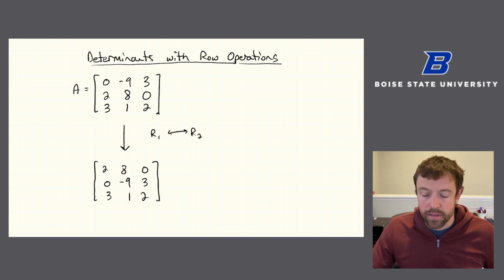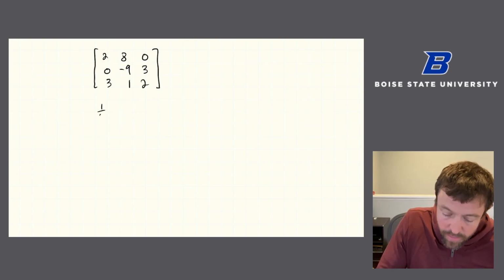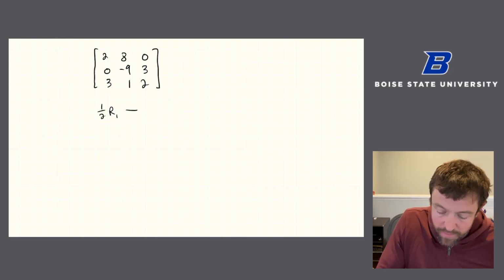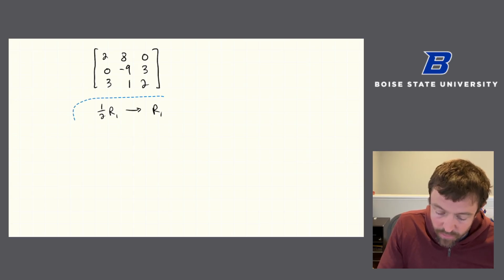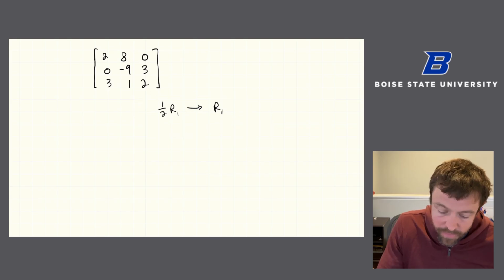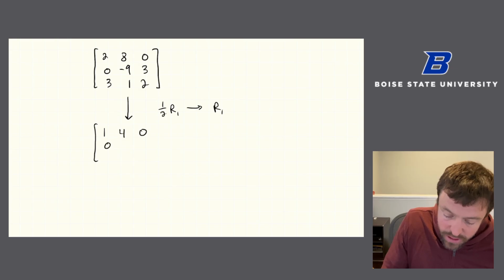Next, I want a 1 for this entry, so I'm going to multiply this row by a half. Let's organize this the same way. When I multiply this by a half, I will get the following matrix.